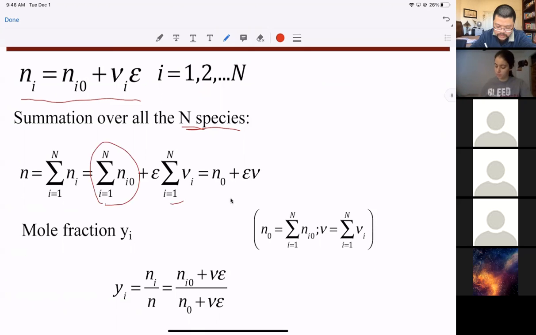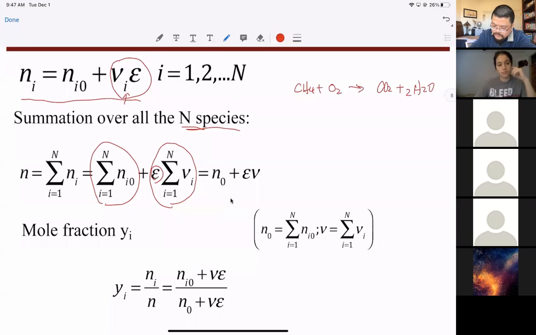And if you run the summation, you can see that this epsilon is a constant for the reaction, so you are summing over the nu i values. Let's put down methane, oxygen, CO2, and water.